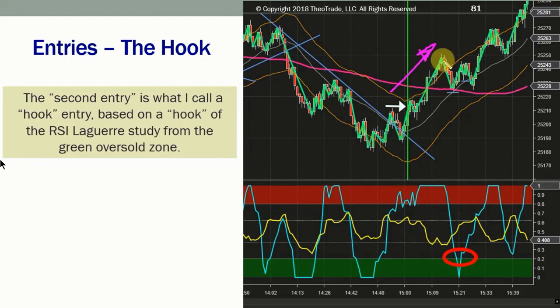Now what I'm looking for is the next entry onto here. I'm looking for the next train car that can accommodate me, that I can grab a handle and jump onto. And this is the RSI Laguerre hook. It's a very, very sensitive, responsive study.